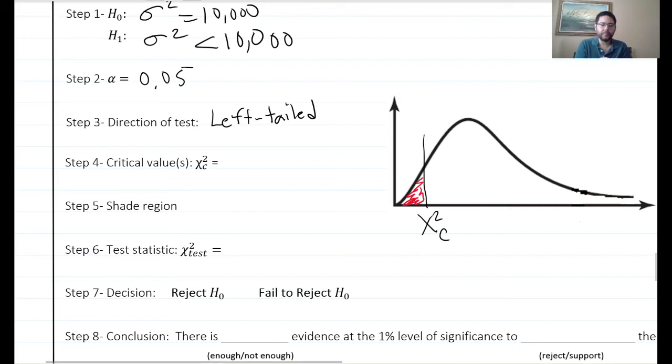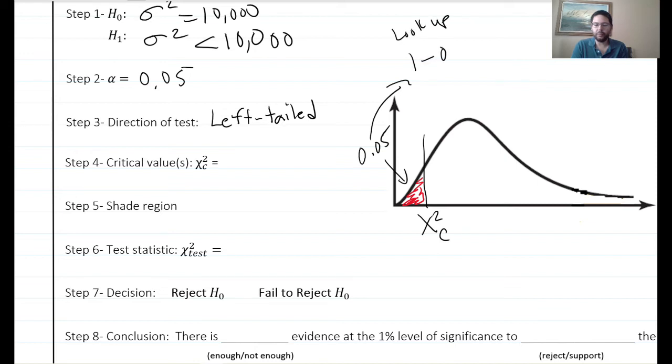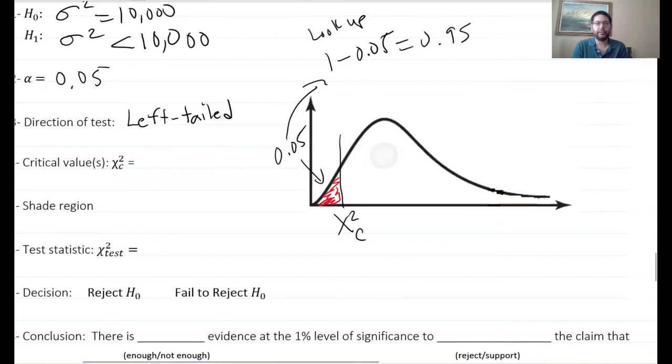That area right now is 0.05. But since the chi-square table gives us the area to the right instead of the left, I have to do 1 minus 0.05, which is 0.95. That's what I have to look up.